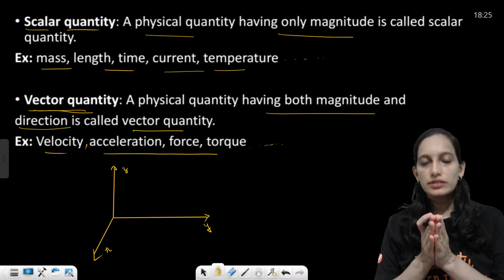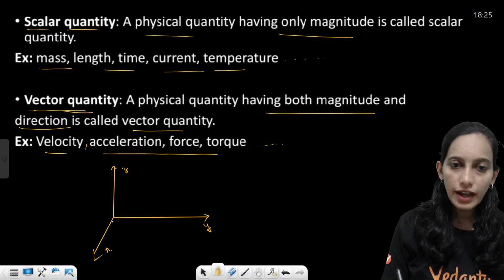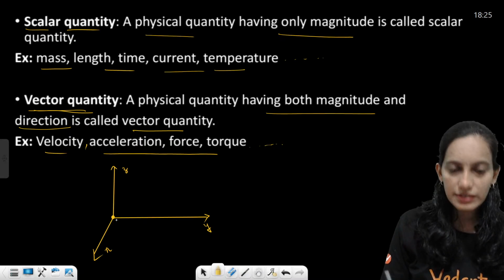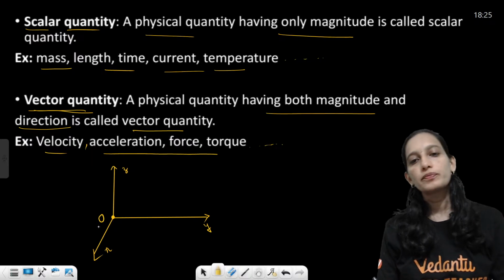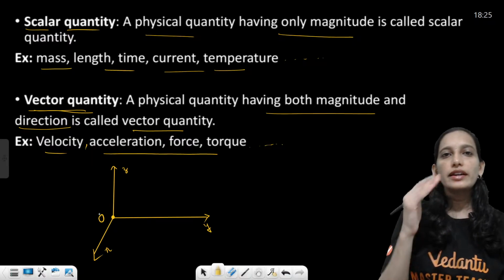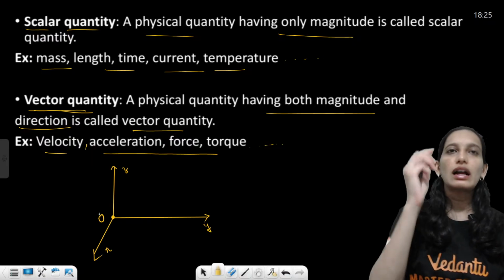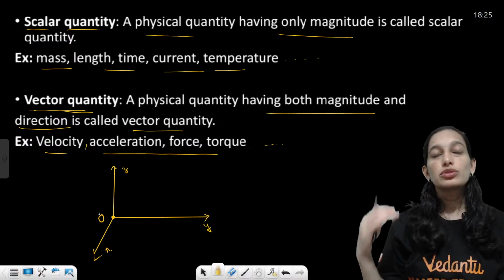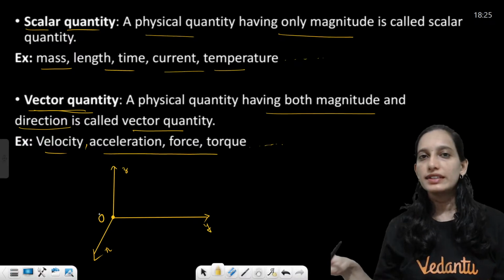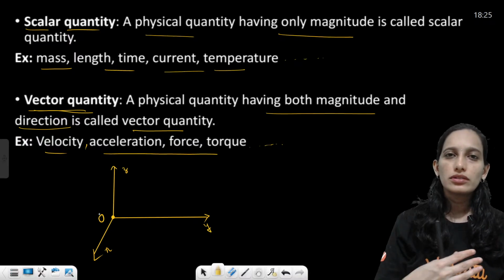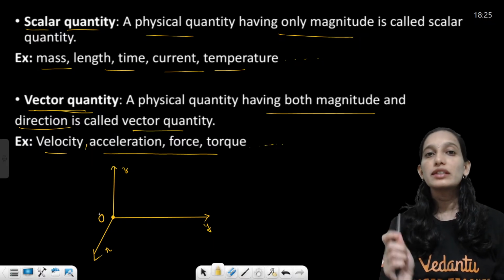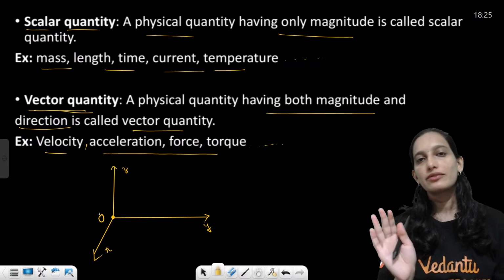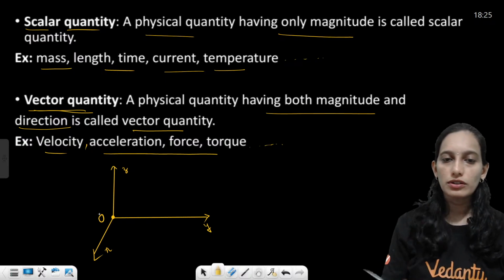Where these three axes meet, we call that point the origin O. Usually in our motion, we consider the starting point itself as the origin. That makes our problem solving very easy, or discussing that particular type of motion becomes easy if we choose our starting point as the origin. Most of the time we do that.